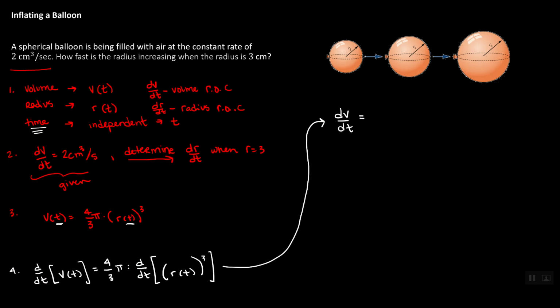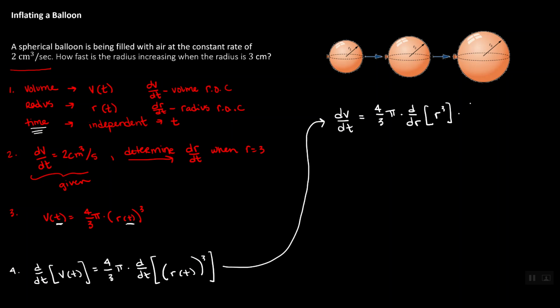On the right, I have the 4/3 pi constant multiplier outside of the derivative, since we know we can factor that out. And then we need to multiply by the derivative of radius, a function of time. But this is radius cubed, which means we're going to have to use the chain rule to do the derivative first with respect to radius of r cubed.